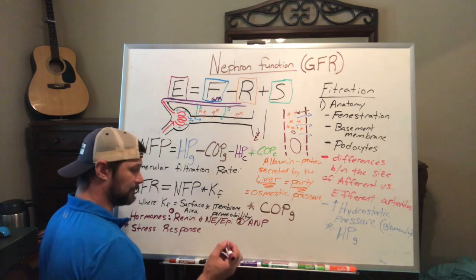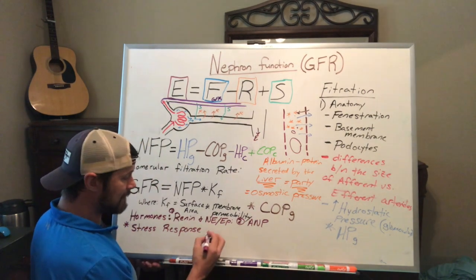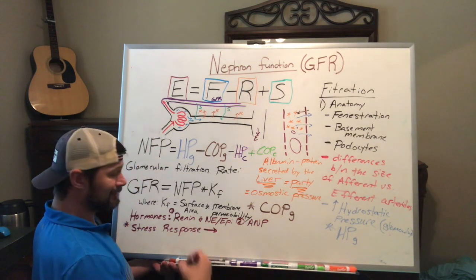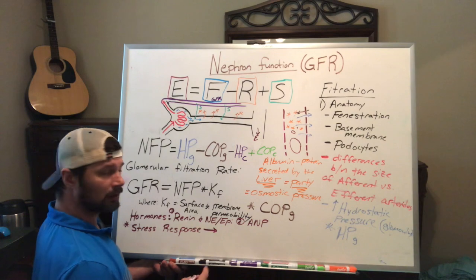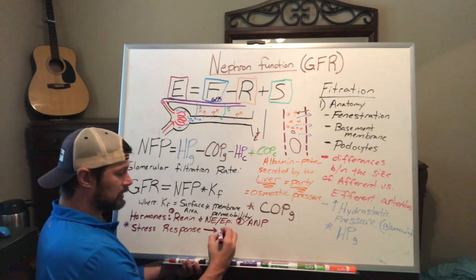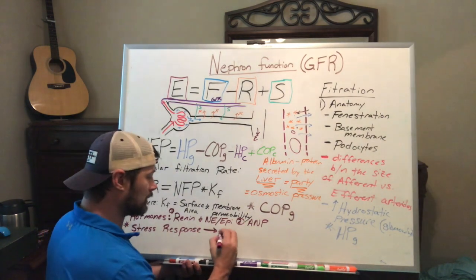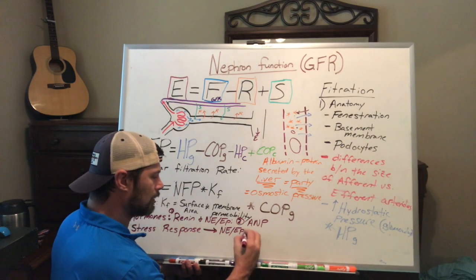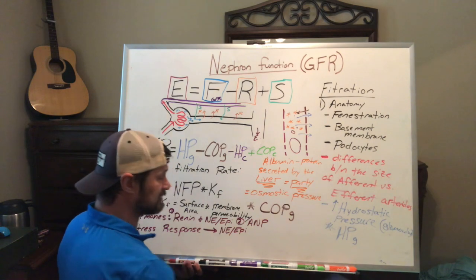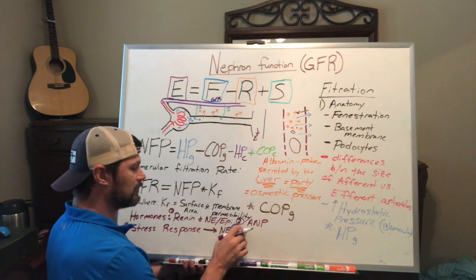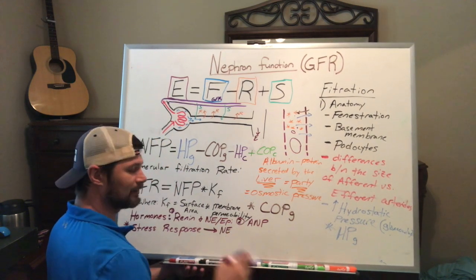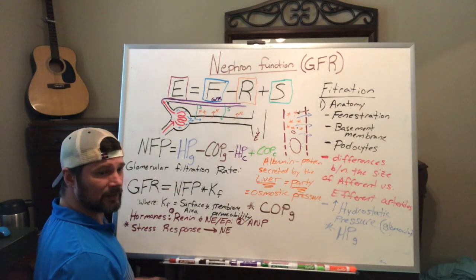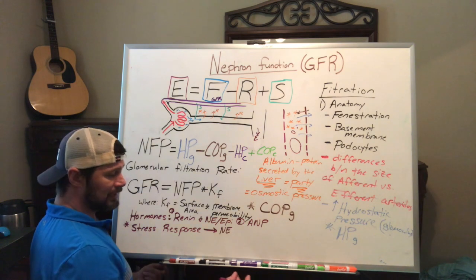How does this happen? Okay, this is going to happen through two different mechanisms, both inside of the kidneys, that we're going to be talking about here. The first thing we want to talk about is the release of norepinephrine and epinephrine. Let's actually talk specifically about norepinephrine here, because it's the primary one that activates alpha-1 adrenergic receptors.